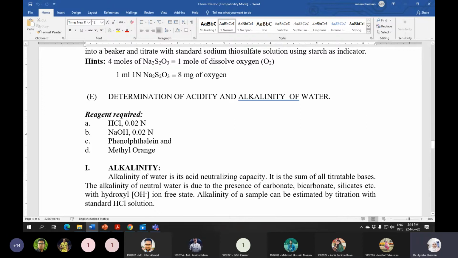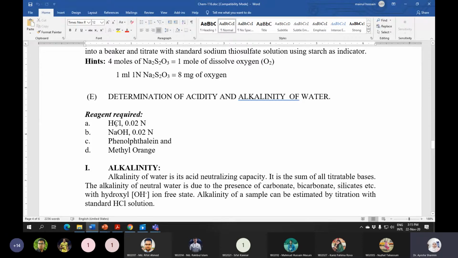However, you have to choose the indicator according to your acid or base. If you are using a strong base, remember the water is having a weak acid. And when you are using a strong acid, the water is having a weak base. So depending on the strong acid or strong base, you can choose your indicator.